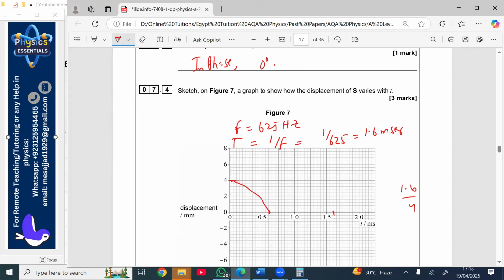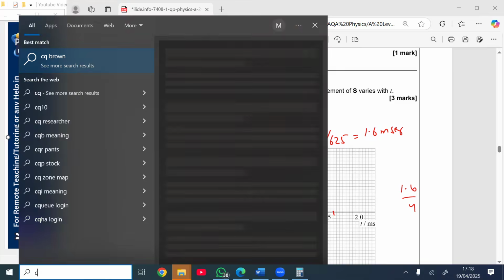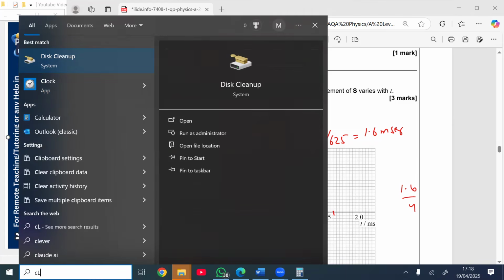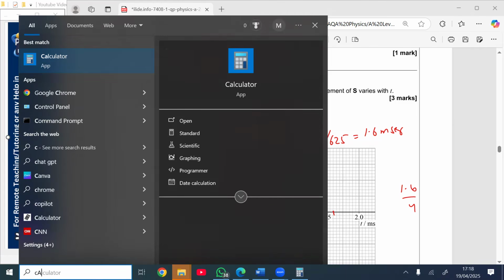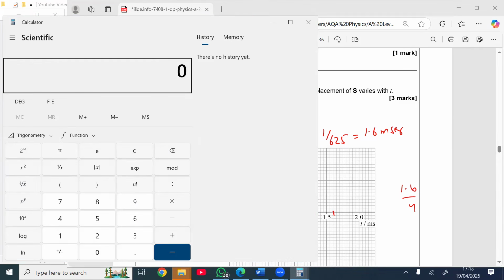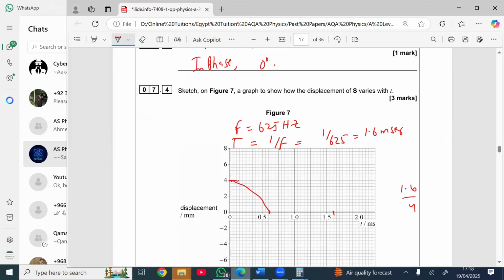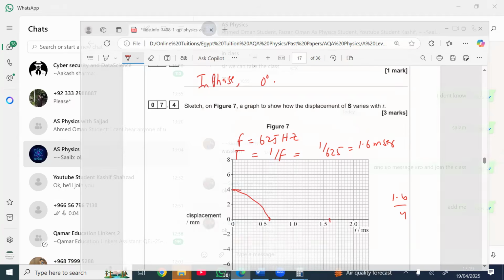Let me do that and see where the wave will go. 1.6 is the time period, and a quarter is 0.4. So the wave is going to pass through 0.4. Let me see that in the mark scheme as well.